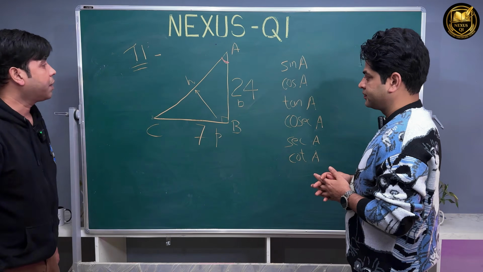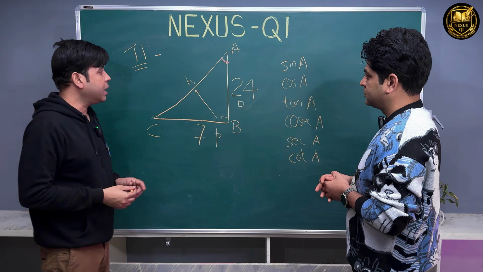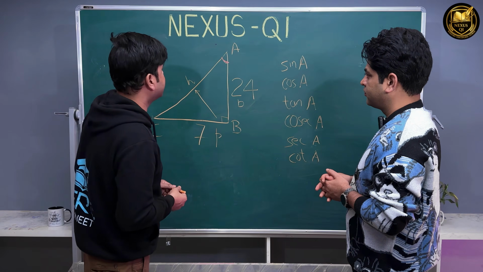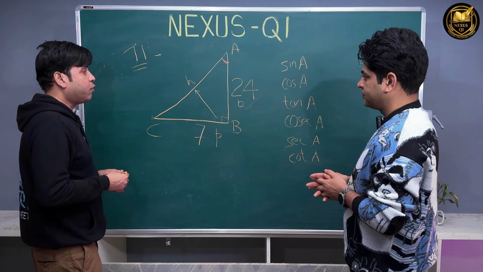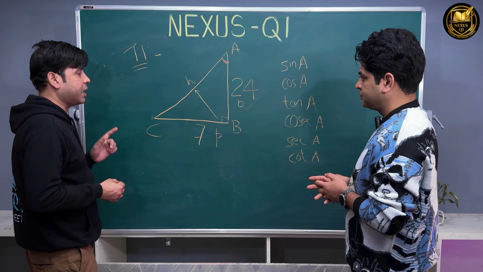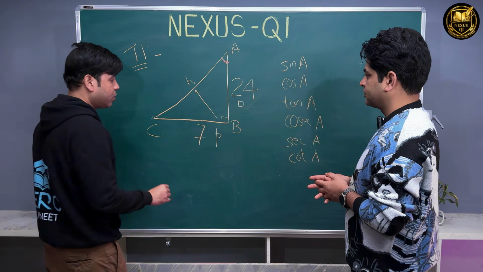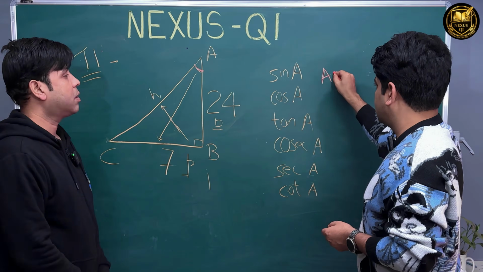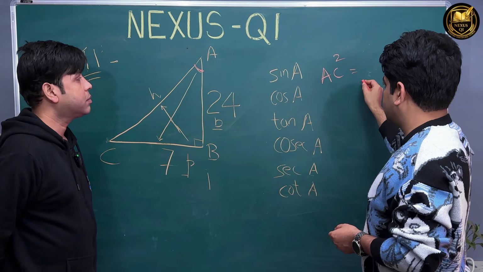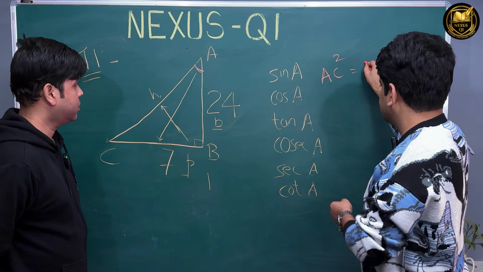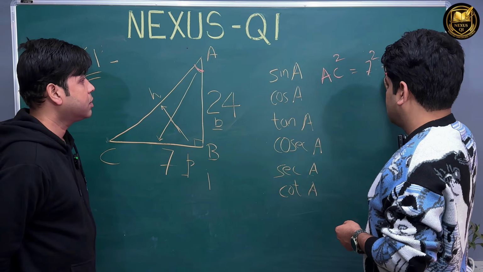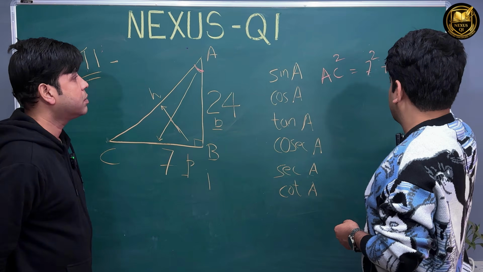Now in this triangle they have given two sides, so the first thing you have to do is find the third side. We can do that using the Pythagoras theorem. As per Pythagoras, AC square is equal to perpendicular square plus base square. Perpendicular is 7, so 7 square plus 24 square.